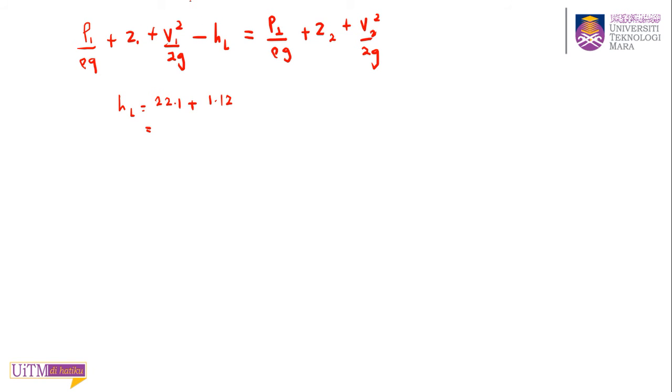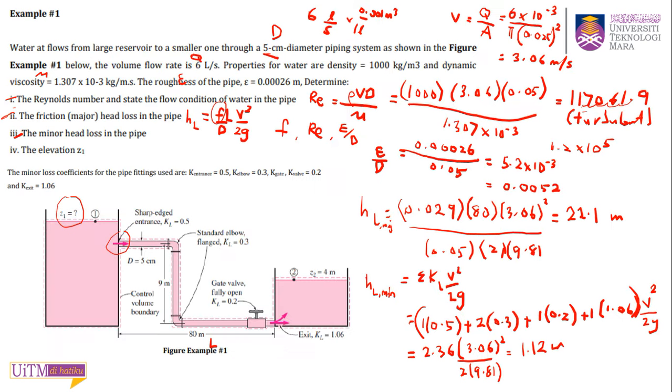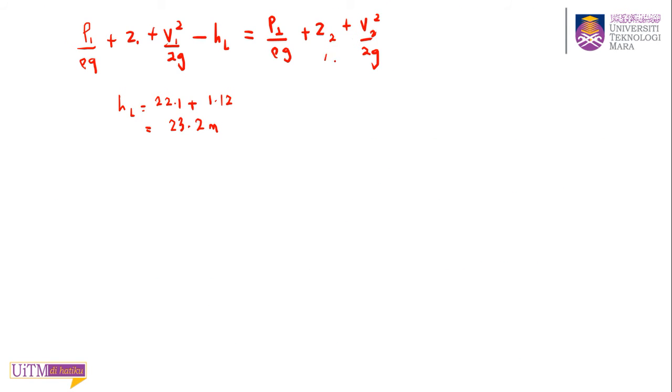So this will be 22.1 plus 1.12 equal to 23.2 meter. Sorry. And Z2, they gave you Z2 is 4. So this is 4 meter. And you want to find Z1. So you have HL, you have Z2.